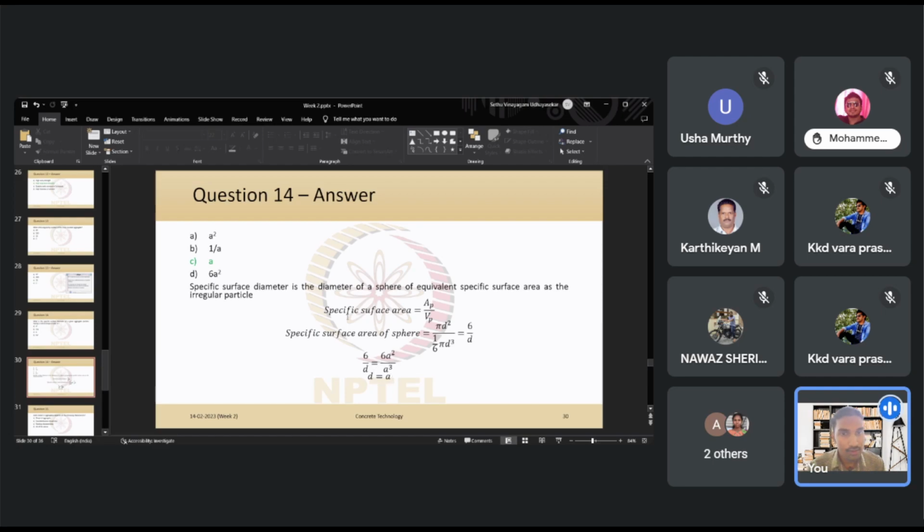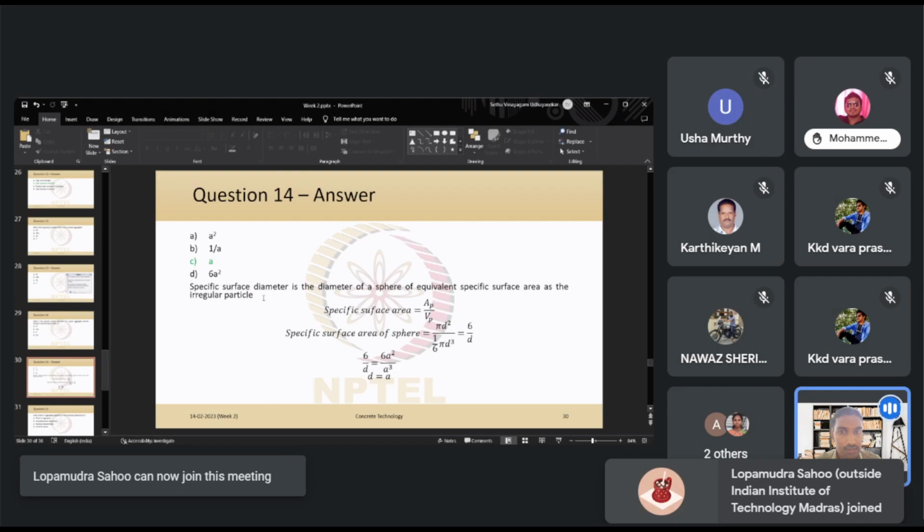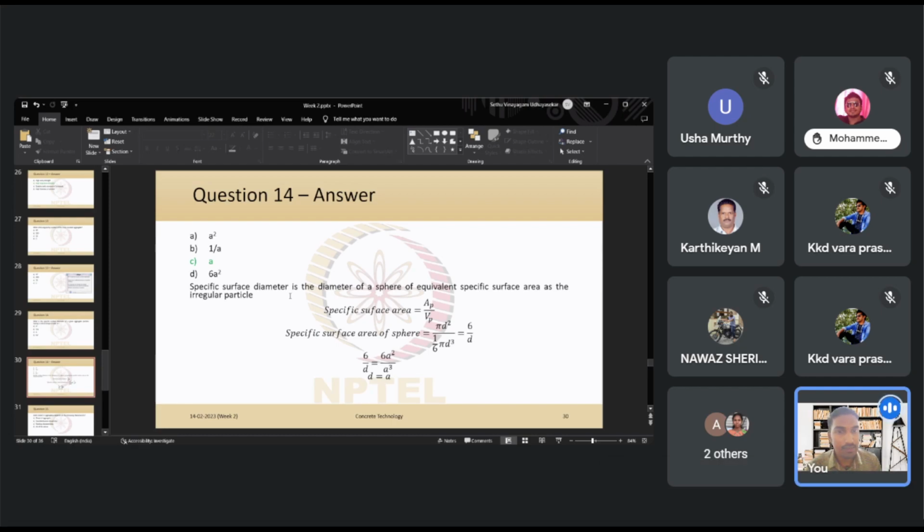So what we have done is use the definition of the specific surface diameter. It is the diameter of an equivalent sphere that has a similar specific surface area. For a sphere, we took the ratio of its area to volume, which came out to be 6 by d. Similarly for a cube it is 6a squared by a cubed, and by equating the two, because we are talking about equivalent particles of the same specific area, we find d in terms of a. So d is equal to a.